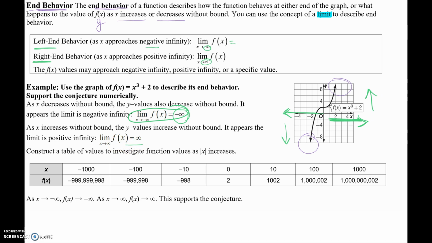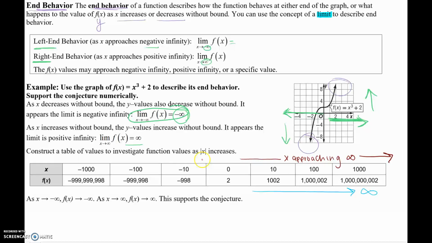Now what I would like you guys to do is make tables for now. So if we look here, we've got 0, 10, 100, 1000, negative 10, negative 100, negative 1000. So right here, we can say as x is approaching infinity, what's happening with the y's? Well, they're just getting bigger and bigger and bigger, so they're also approaching infinity.